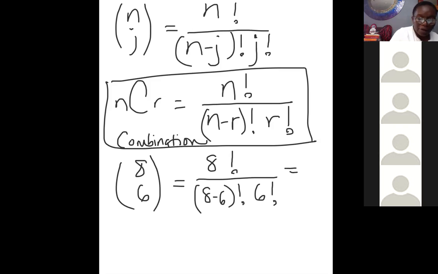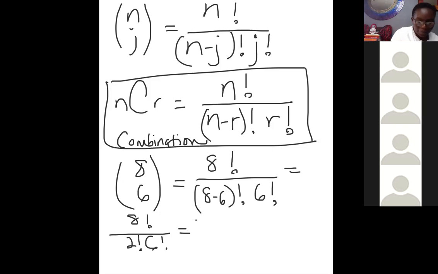Oh shoot, I forgot to do an intermediate step. Let me go back a little bit, because I should have subtracted here. So when I subtract, I get 8 factorial over 2 factorial times 6 factorial.